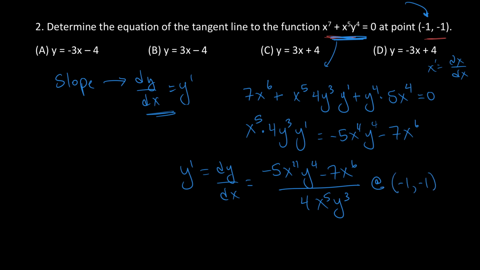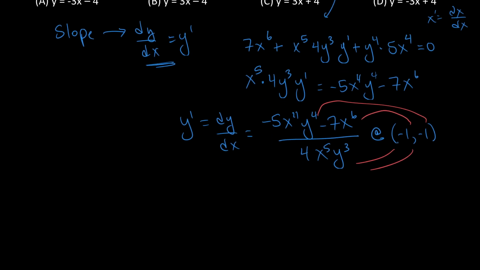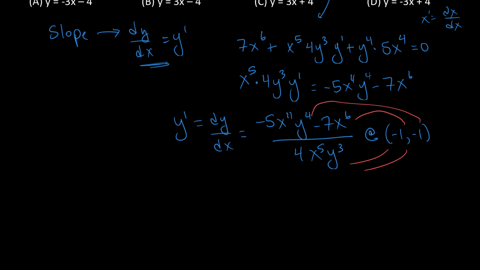So when I plug in this point for x and y, let's see what we end up with. Slide this up just a teeny bit. Over here, I will end up with a value of -5 minus 7 over 4, which gives me -12 over 4, which gives me a slope of -3.